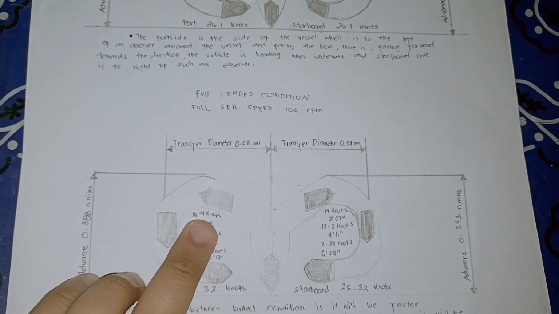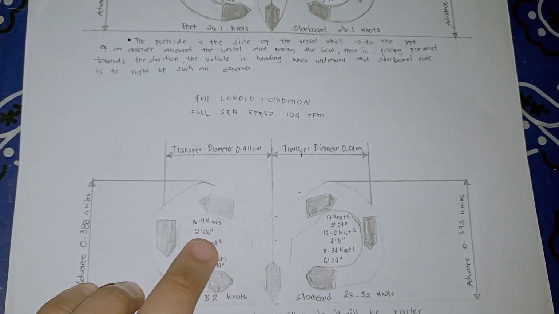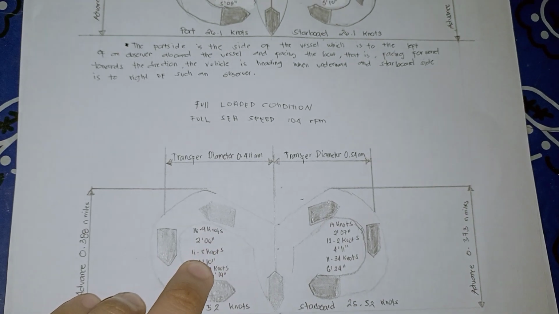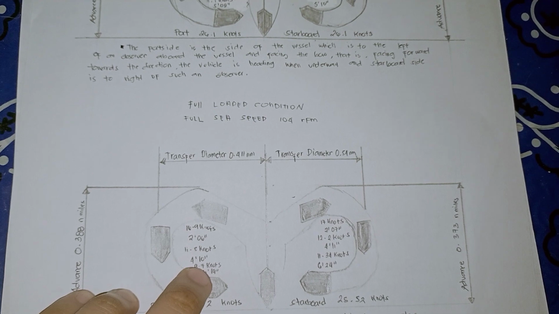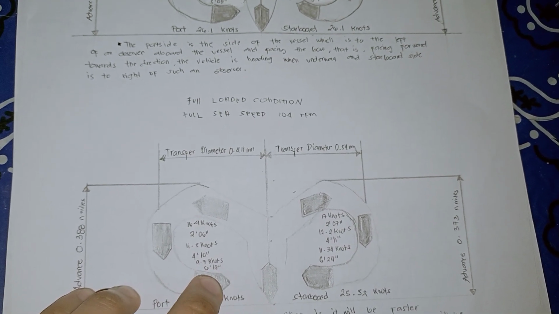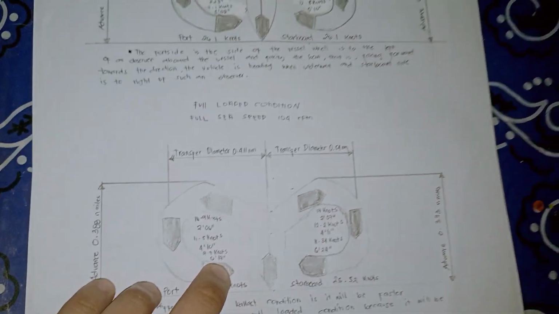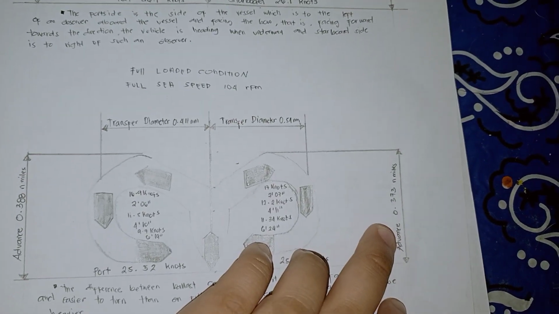We have 16.9 knots, 2 minutes 06 seconds, 11.5 knots, we have 4 minutes 10 seconds, 9.7 knots, we have 6 minutes 14 seconds.